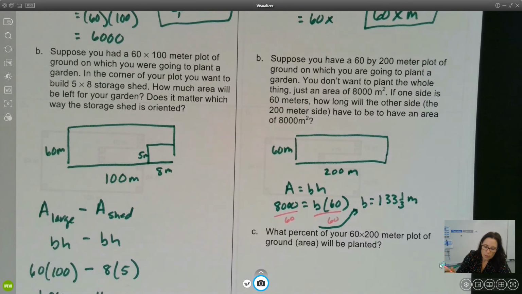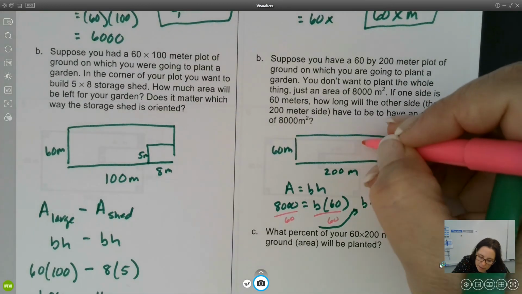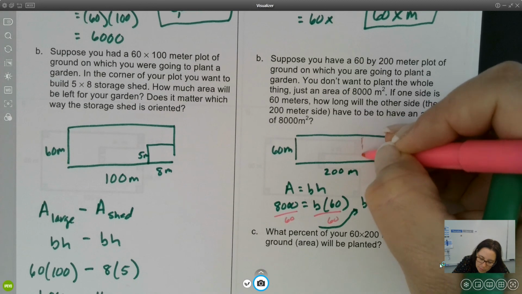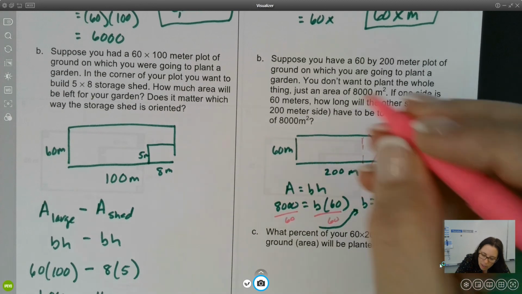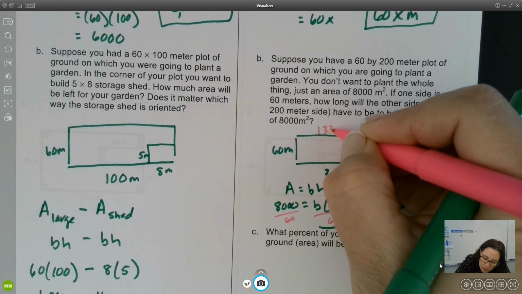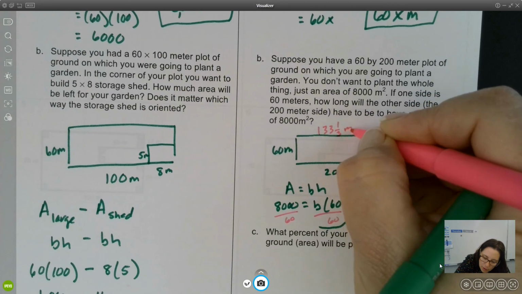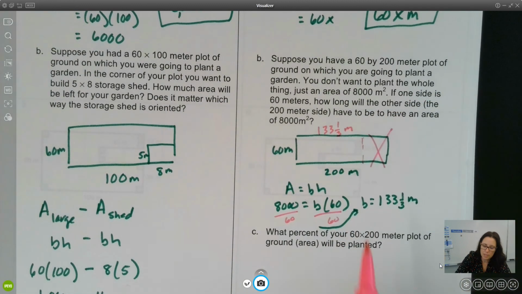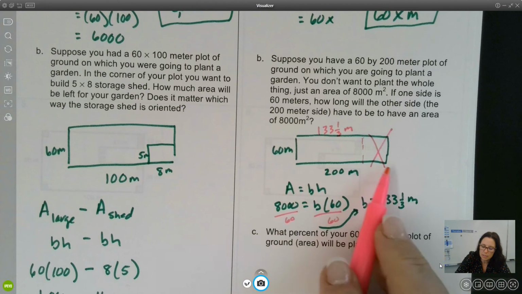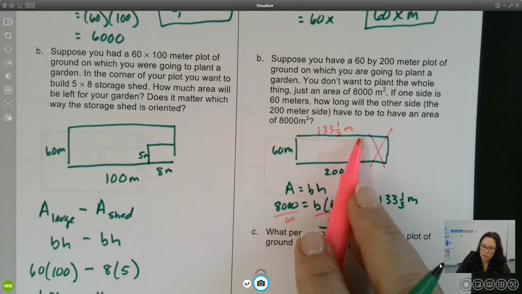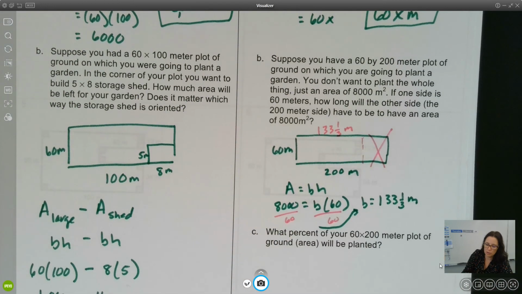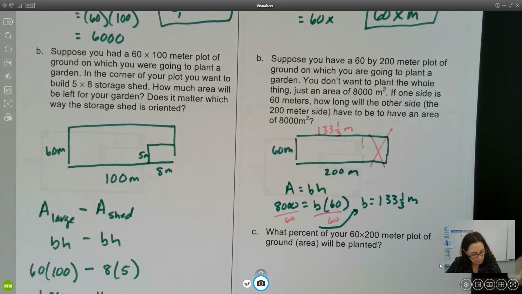So we have to kind of back this up. This has to be chopped off, and this is going to be 133 and a third meters. Okay, so this 200 meter side needs to get cut off to be 133 and a third meters to have that area be 8,000. All right, so let me put that answer here in a sentence.